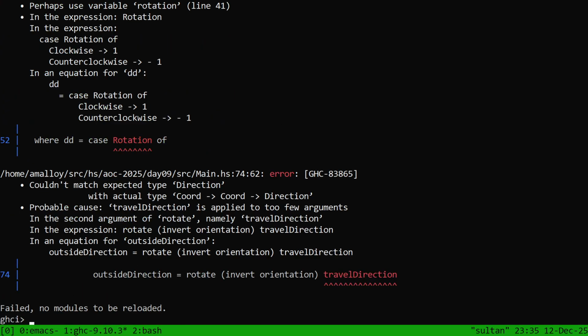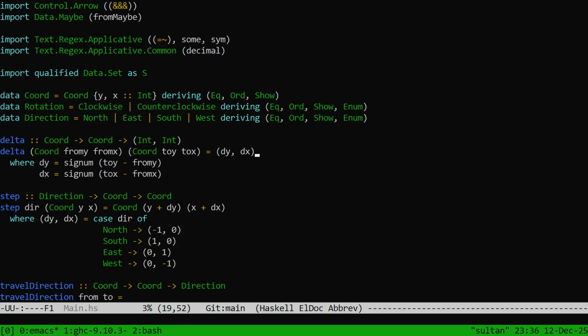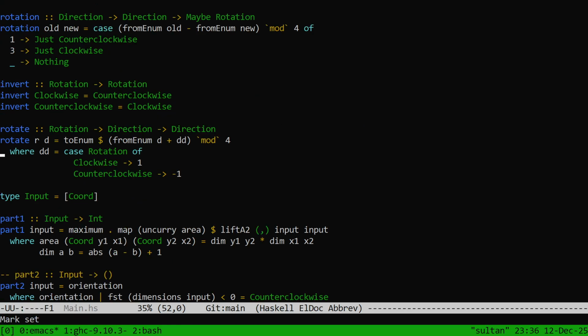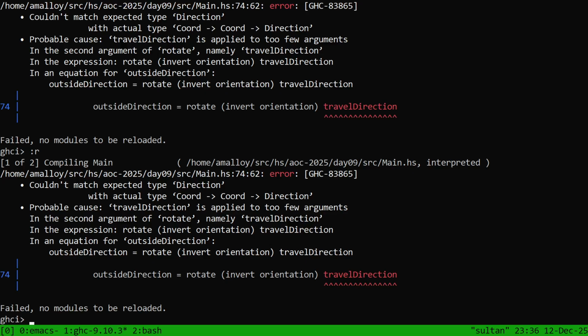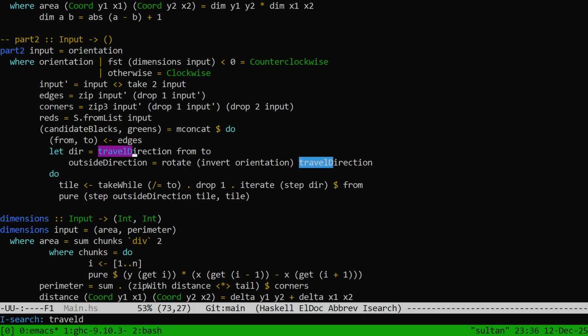Okay. Yeah, that was only 2 errors. Line 52 has the wrong case for something. Should be R, not rotation. Travel direction is applied to too few arguments. Oh yeah, this should just be dir.